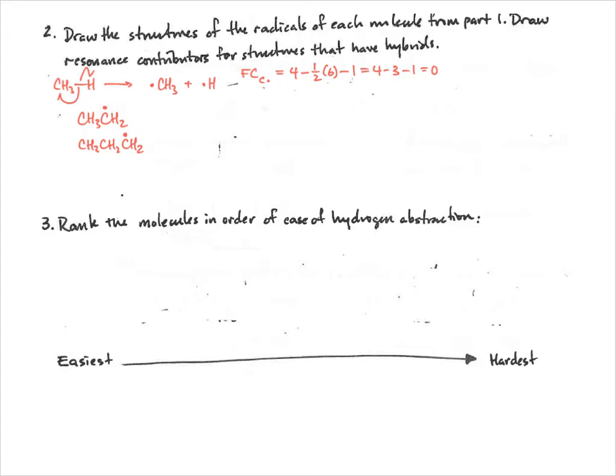So there's primary. Let's do the secondary for propane. So the last one, we have 2-methylpropane. So maybe I'm going to draw that in the bond line formula now.